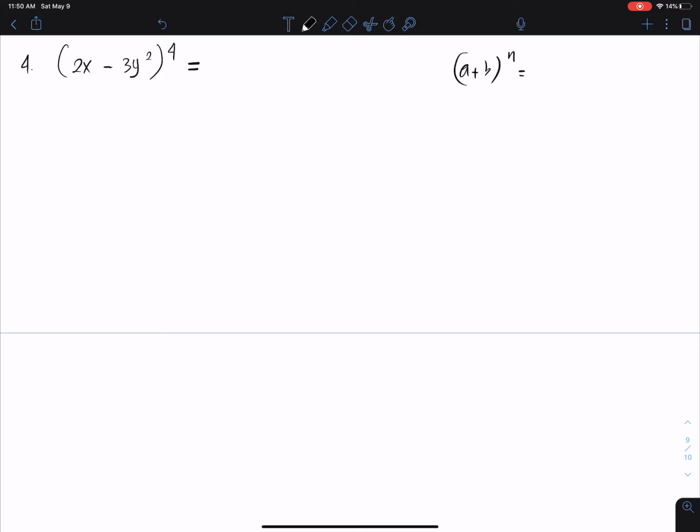We use the binomial theorem, which is the sum for k from 0 to n of combination n k, times a to the power of n minus k, times b to the power of k. So we just need to apply the same thing in this problem.